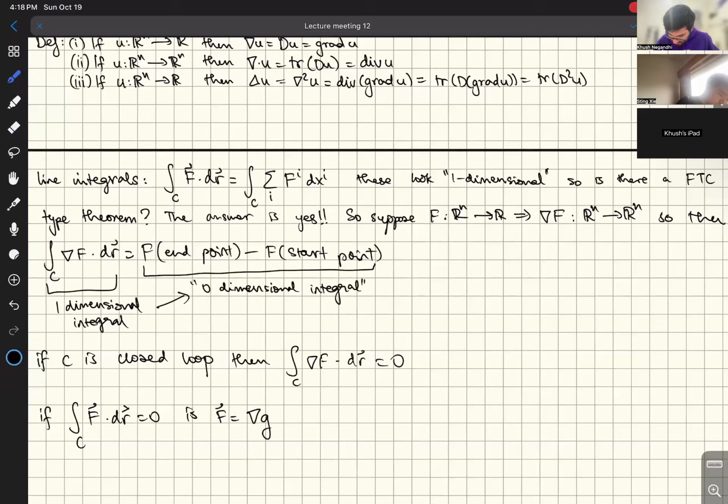Okay. And it turns out that it depends on the topology of the space. We'll discuss this more using a technique from differential topology called the de Rham cohomology.